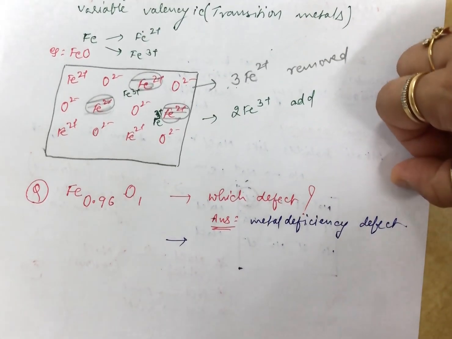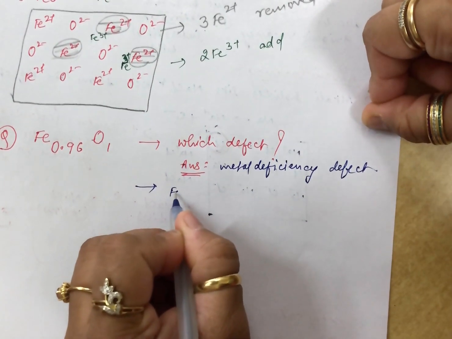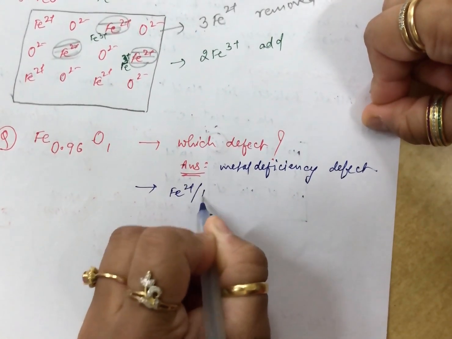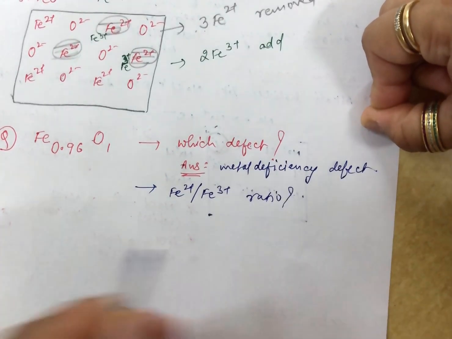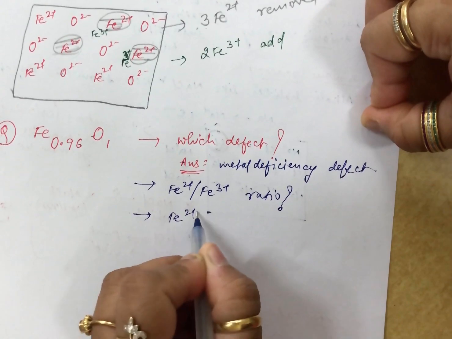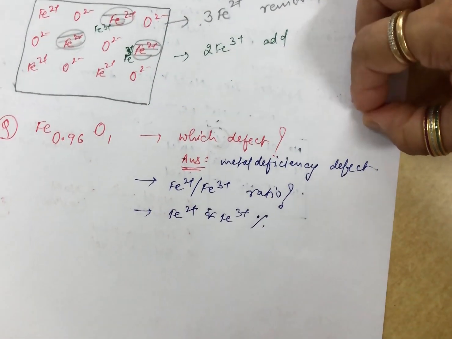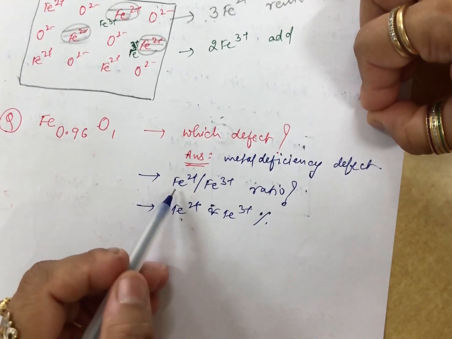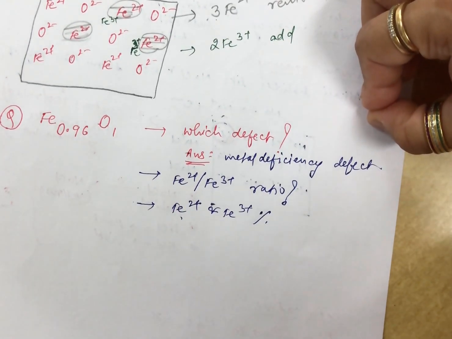Now what other types of questions can be asked? They may ask you the ratio of Fe2+ to Fe3+, or they may ask the Fe2+ and Fe3+ percentage. Let me show you how you can find the ratio and the percentage of individual ions in your FeO.